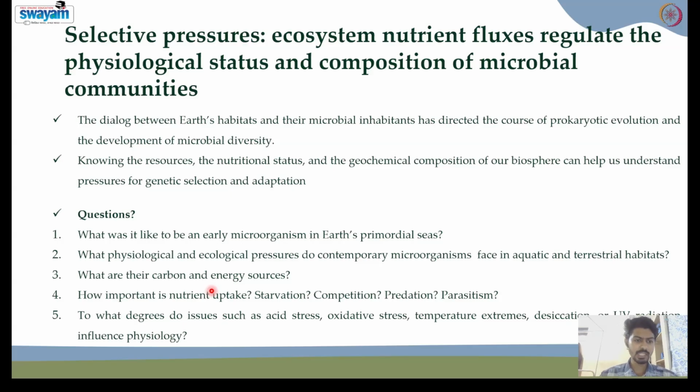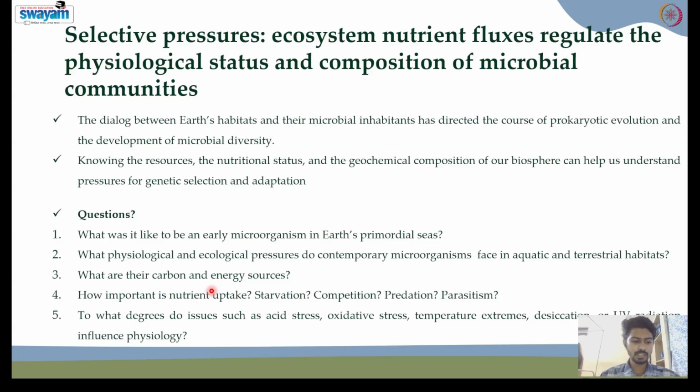And as we have seen, the selective pressure, what does it mean? Selective pressure is due to some adverse condition, it can be a higher temperature or an acidic environment, any kind of adverse condition.